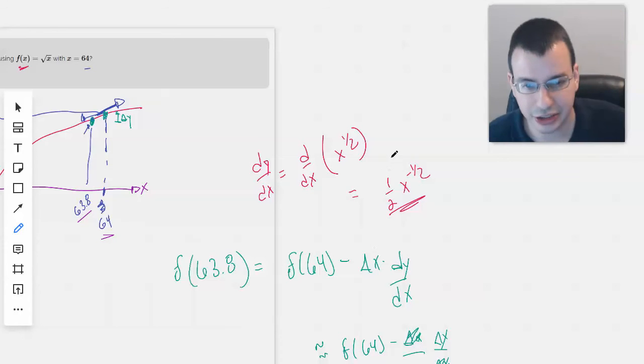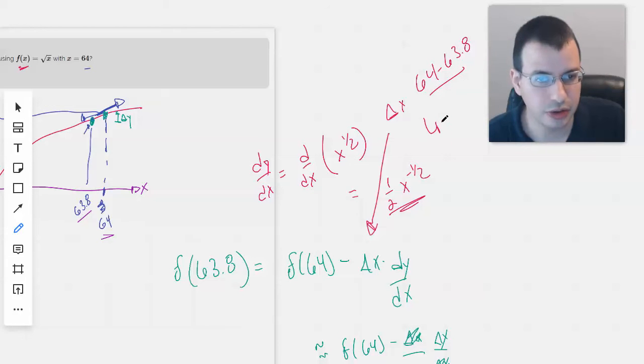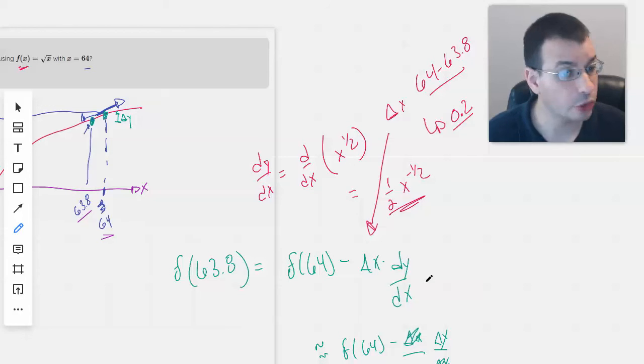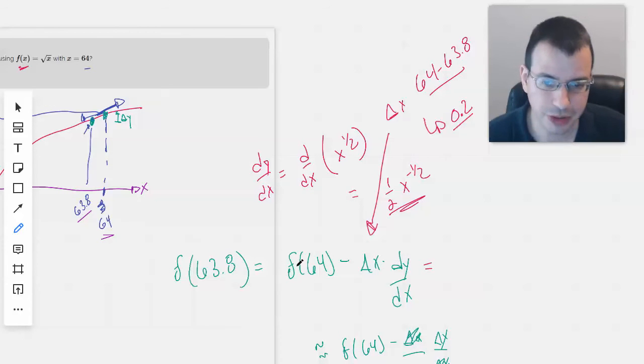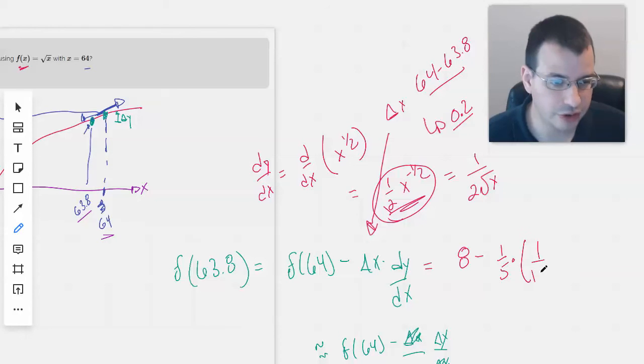Our delta x is 64 minus 63.8, which is 0.2, or 1/5. So this is f of 64, which is 8, minus 1/5 times f prime at 64, which is 1 over 2 square root of x, or 1 over 16.